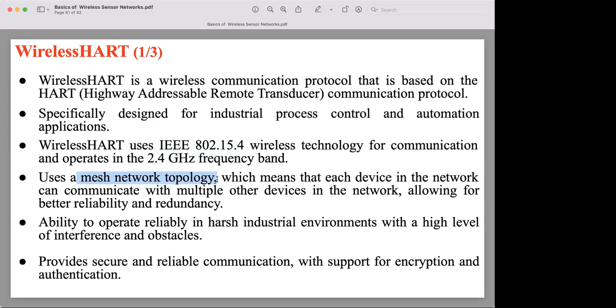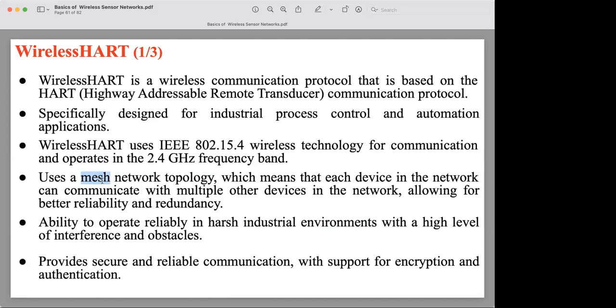They support the mesh topology. That means a number of devices can connect with each other using the mesh topology. Because of the mesh topology, it is also suitable for harsh industrial environments where there is a high level of obstacles or failure, so that at least one node can communicate to other nodes, and finally you can find the entire information.